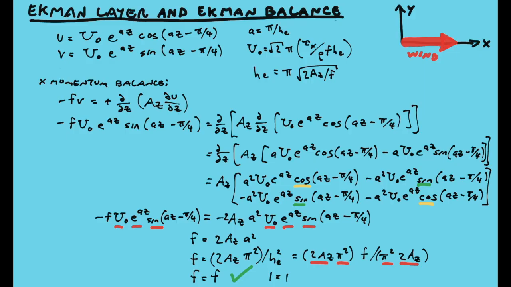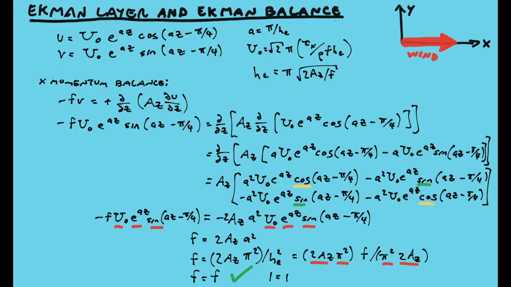Now, let's substitute in the definition for a squared, which is pi squared over he squared. That leaves us with 2az pi squared over he squared on the right-hand side. The next step is entering in the definition of the Ekman depth, he.